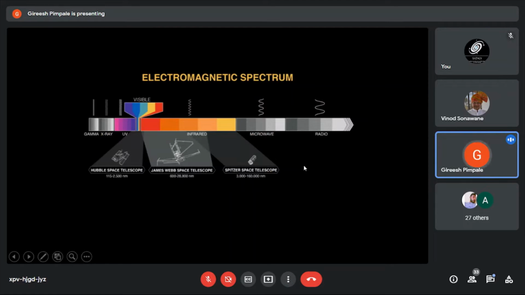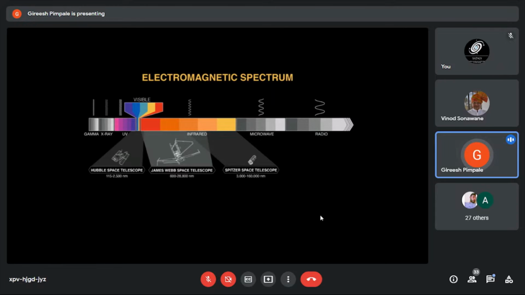Now let me show you the electromagnetic spectrum. It shows us gamma rays, X-rays, then ultraviolet, infrared, visible, microwave, radio waves, and so on. This Hubble Space Telescope studied the visible part of this spectrum.